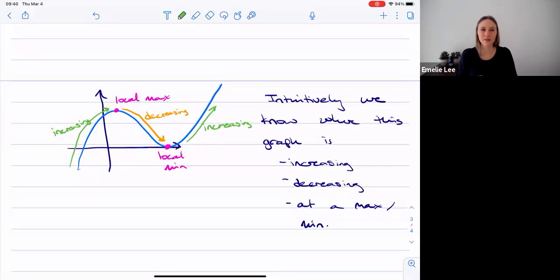Okay. So we know what these things mean, right? We can look at a graph and we can already identify these things. And so just trust your gut here. You know what these things are.